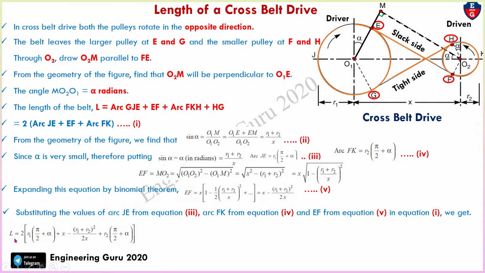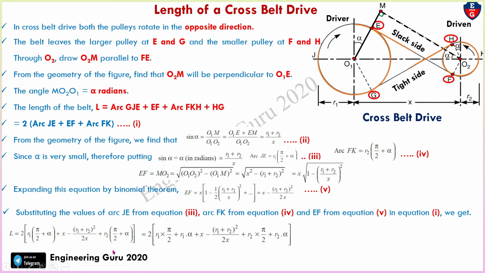So that equation will be L equal to 2 times arc JE, which is r1 into (pi by 2 plus alpha), then EF, which is x minus (r1 plus r2) whole square divided by 2x, plus arc FK, which is plus r2 into (pi by 2 plus alpha).